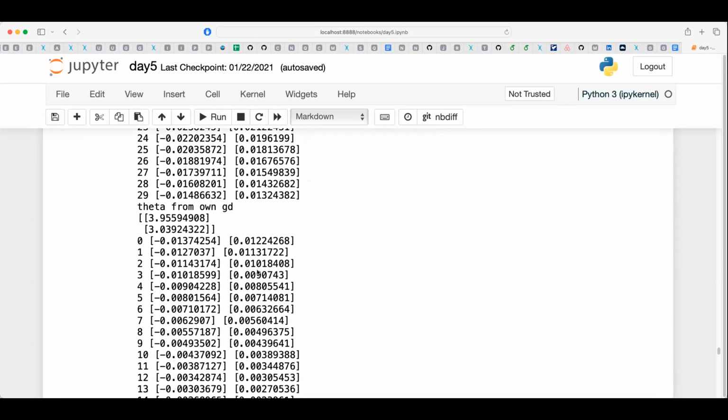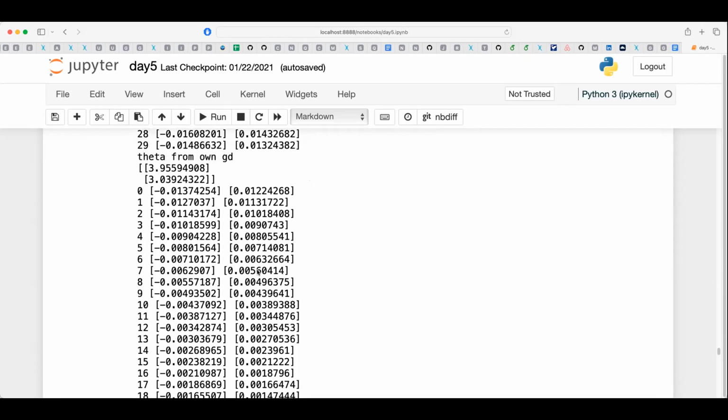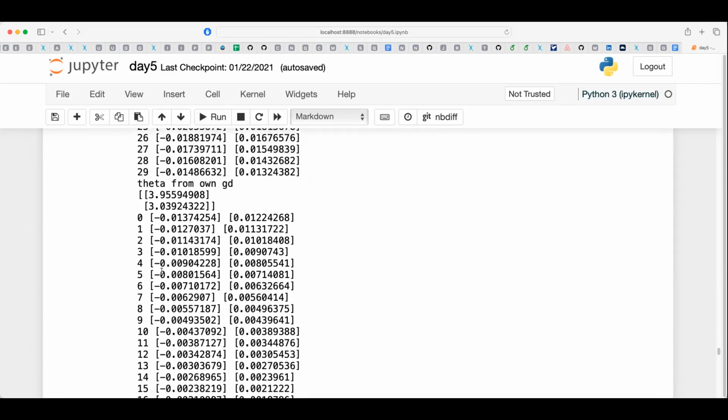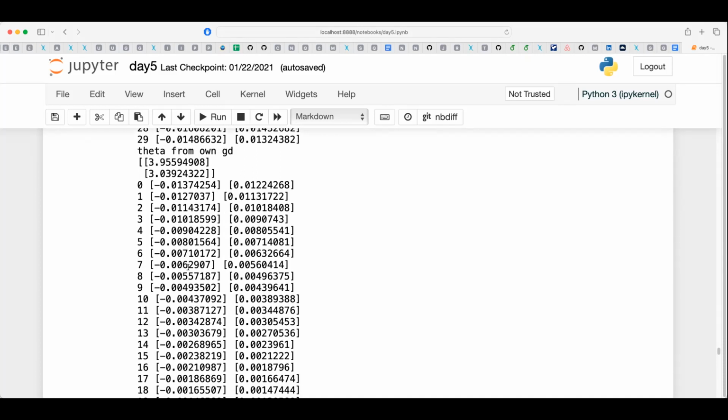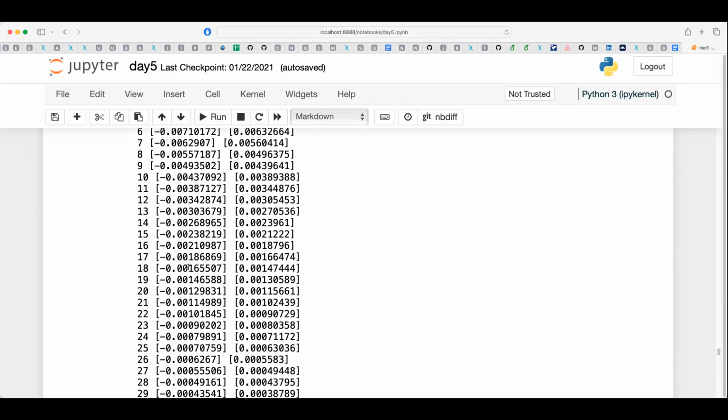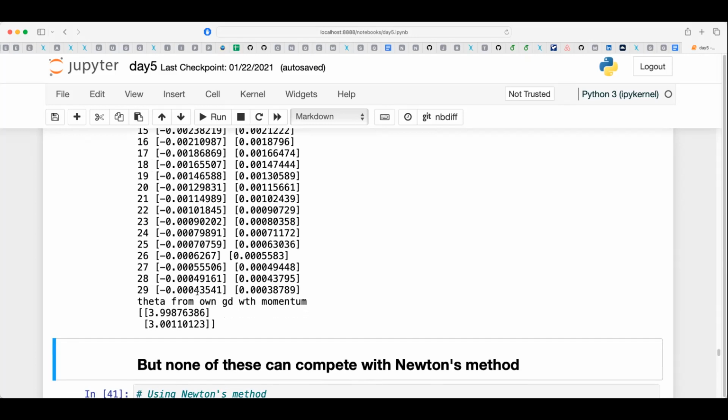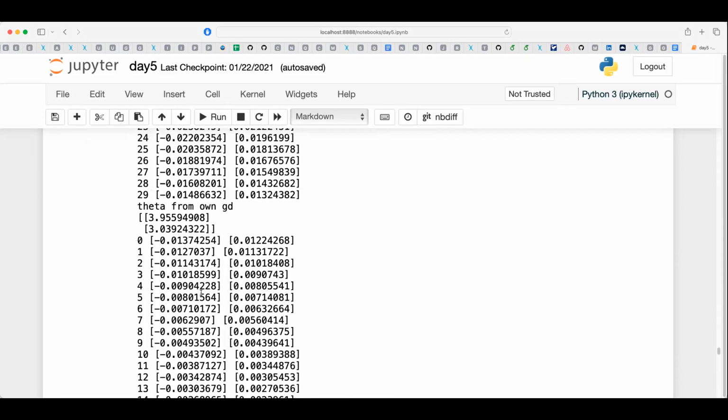If I use momentum, you see now that after actually 2-3 iterations, I have a value which is almost the same. So when I use momentum, when I've done 30 iterations, I have 10 to the minus 4. So you see how much more efficient gradient descent with momentum is.